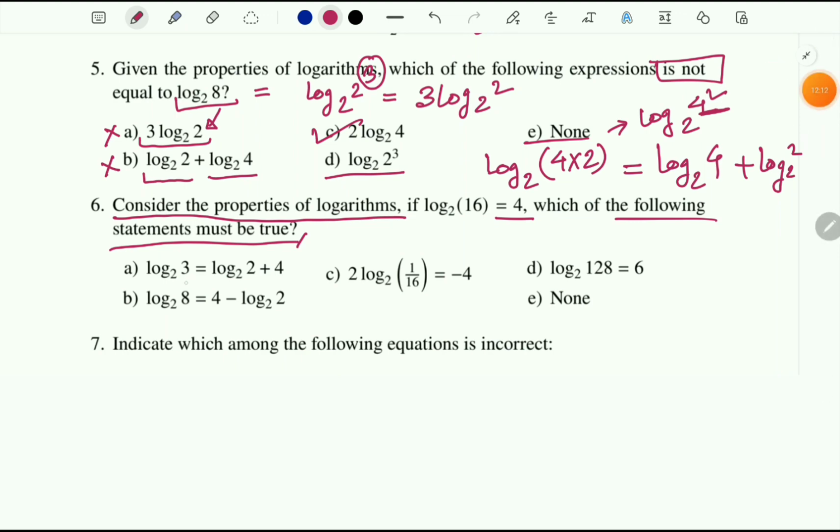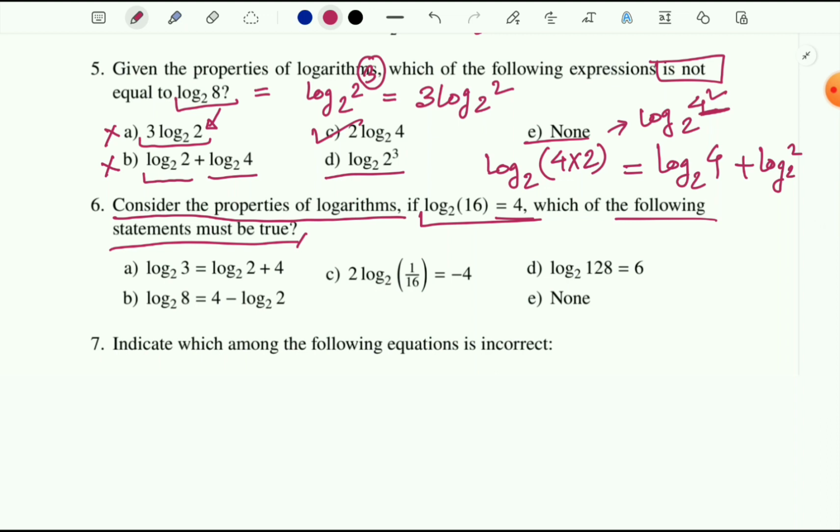Okay. So log 2 of 16 equals 4. That's right.